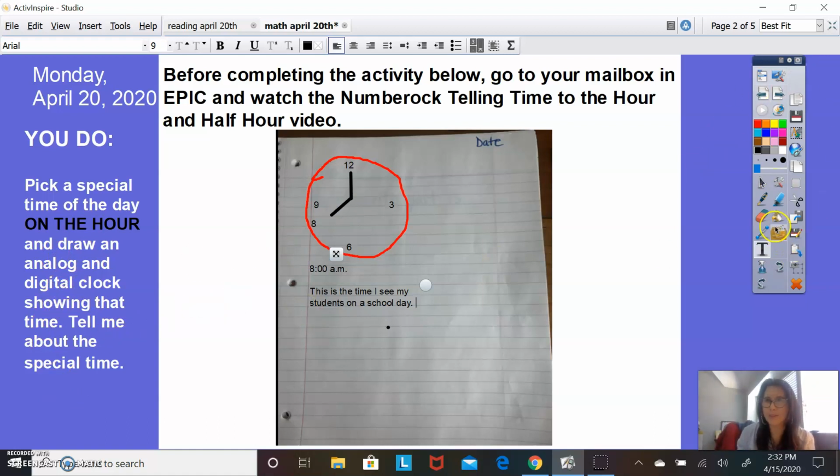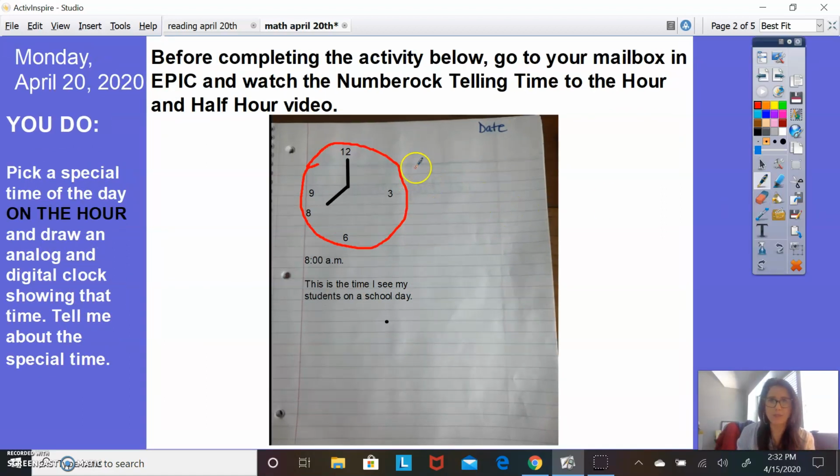So then I would come here and then also draw my digital clock. Oops, that wasn't very straight, but let me try that again. And I think what I'm going to do, I'm going to change from black because I remember learning in the previous page that my time is going to be in bright colors.